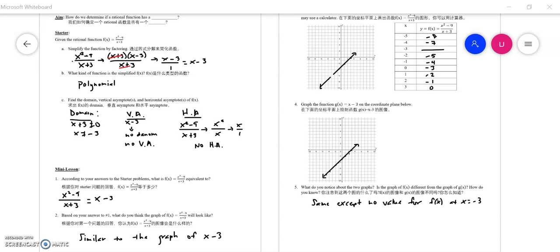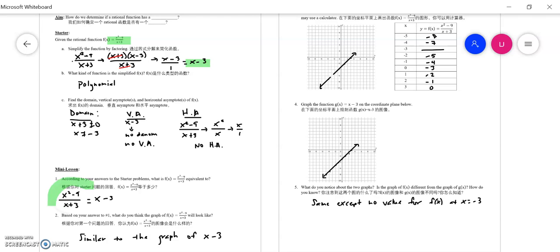All right, now that you've corrected your answers, let's talk about a couple of things. Particularly, I want to look at the graphs. So from the starter, we have found out that the rational function over here, x squared minus 9 over x plus 3, simplifies to this function, x minus 3.